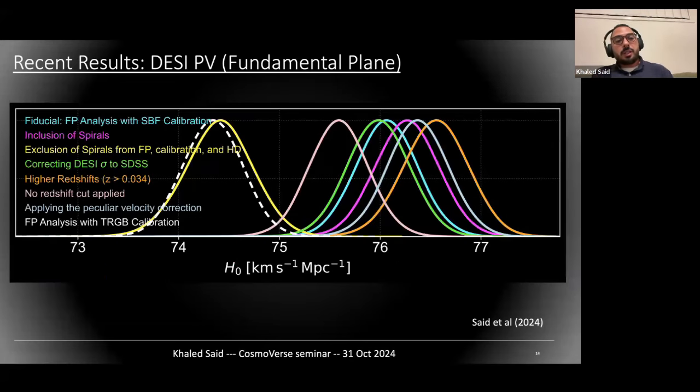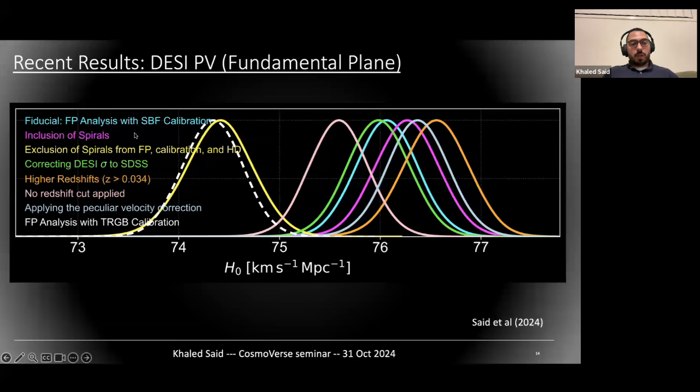Okay, and we did a lot of systematic checks. Our analysis using SPF is this cyan curve here, and our analysis using TRGB is our dotted white line, and you can see that's the huge difference compared with other sources of systematics.